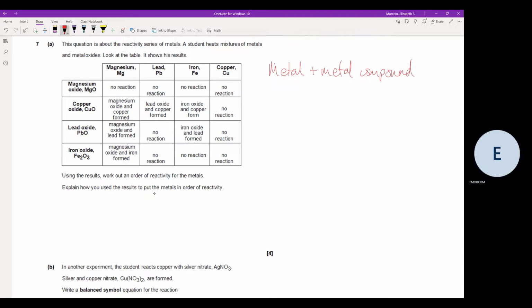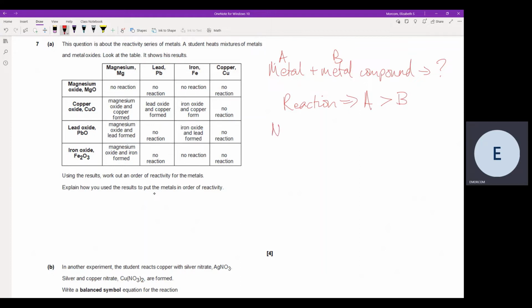Okay, and we're trying to see if it reacts. If it does react, then let's say that this is metal A and this is B. So if we do get a reaction, that means that A is more reactive than B, because this is a displacement reaction and A has displaced B because A is more reactive.